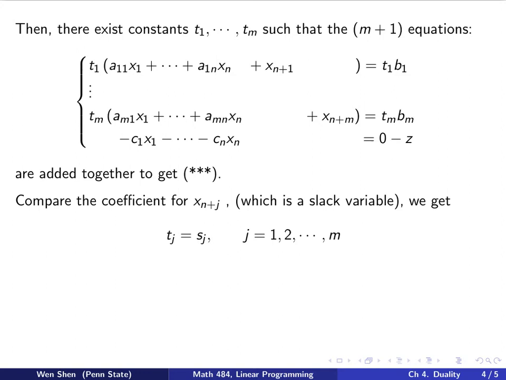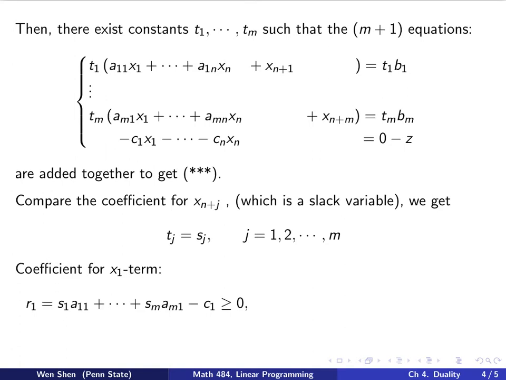So what are these constants t1, t2, and tm? We can compare this process with the triple star form. Let's look at the coefficient for x_{n+j}. The jth constraint is multiplied by tj, giving tj times x_{n+j}, which appears in triple star, where we denote the coefficient actually sj. So basically we have tj must equal sj for j from 1 to m.